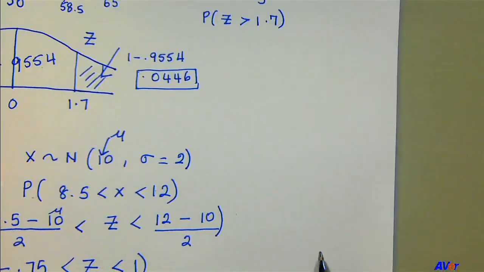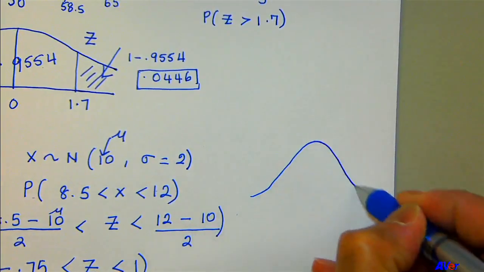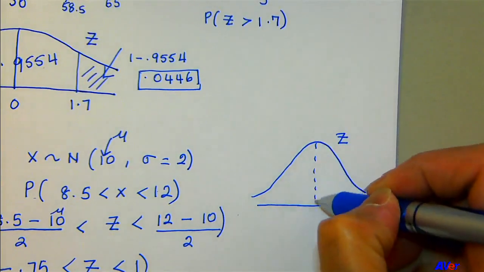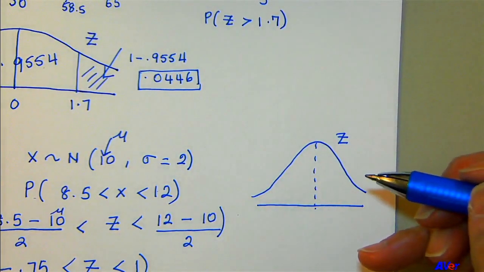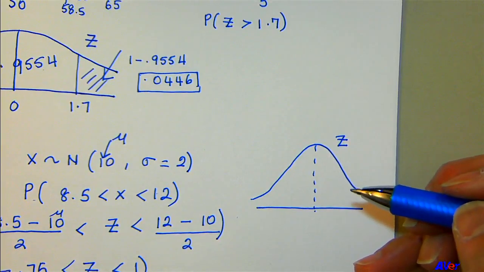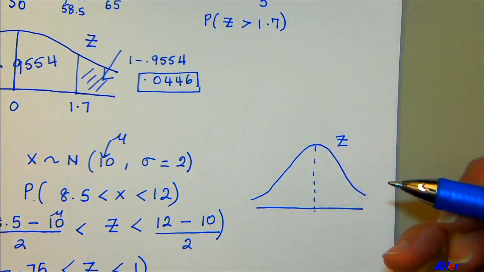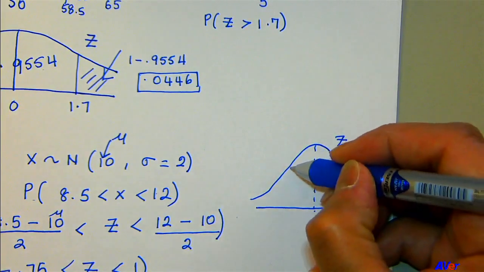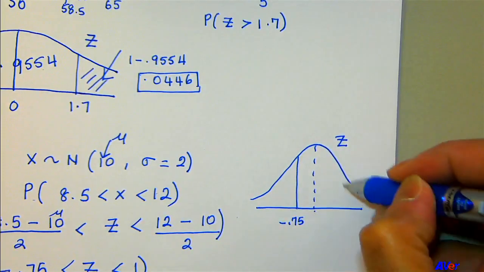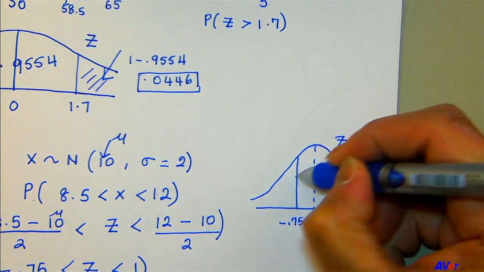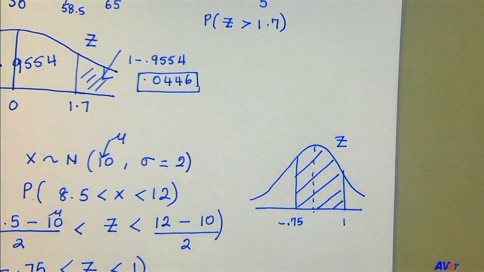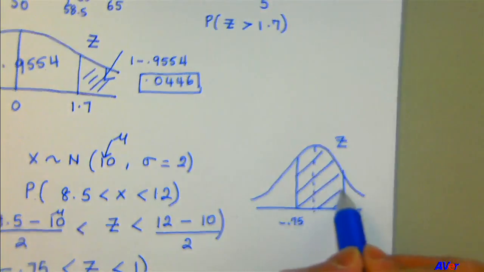Let's draw a picture. Z. Notice that I don't even bother to draw the picture for x. It's not necessary, right? It's going to all depend on the z anyway. So if you're going to draw one picture, let it be the z. So z between minus 0.75 and 1. So let's go look up 1.